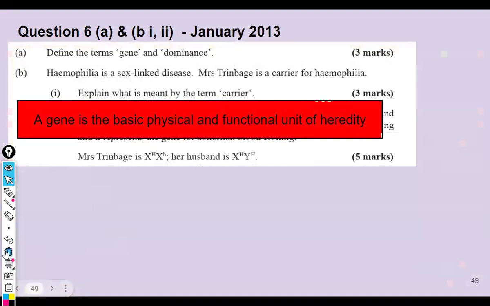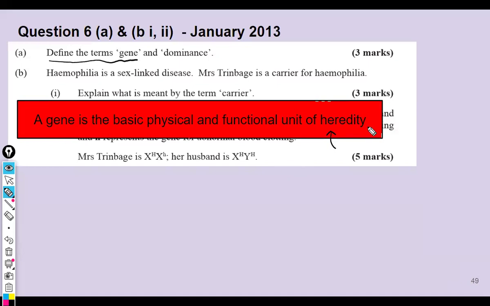So this one here, I have the answer for this one. I want to explain why I have the answer. In this question, part A, they ask you to define the term gene. Now, I have to confess, in my first video of this series, I gave you a description of what a gene is, and it's not this.